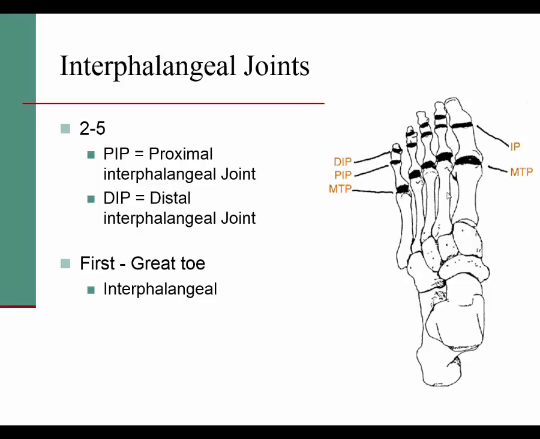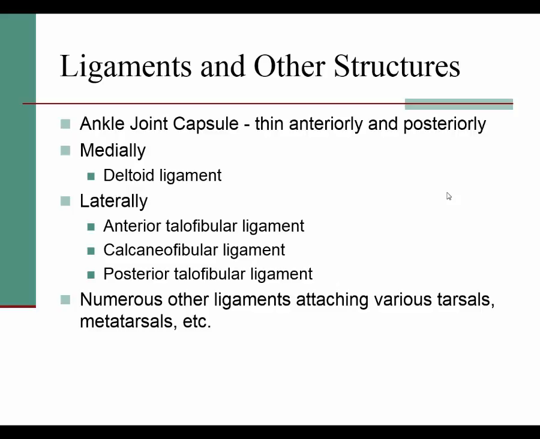The ankle joint capsule is thin anterior and posterior. Medially, you've got the deltoid ligament. Laterally, you've got three different ligaments: the anterior talofibular, the calcaneofibular, and the posterior talofibular. They are the main ones that I want to discuss.